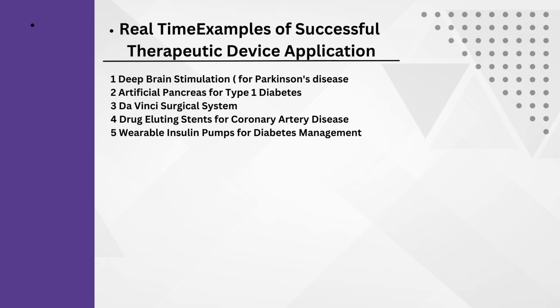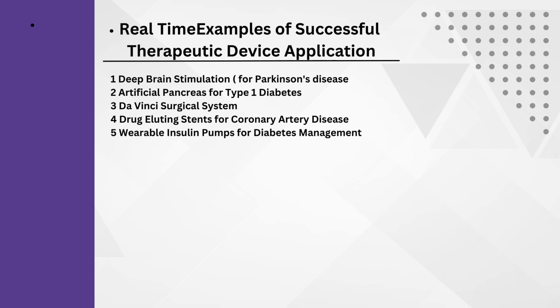Applications: DBS is used to treat symptoms of Parkinson's disease by delivering electrical impulses to targeted areas of the brain, alleviating tremors, rigidity and bradykinesia. Impact: DBS significantly improves quality of life for Parkinson's patients, allowing them to regain control over motor functions.